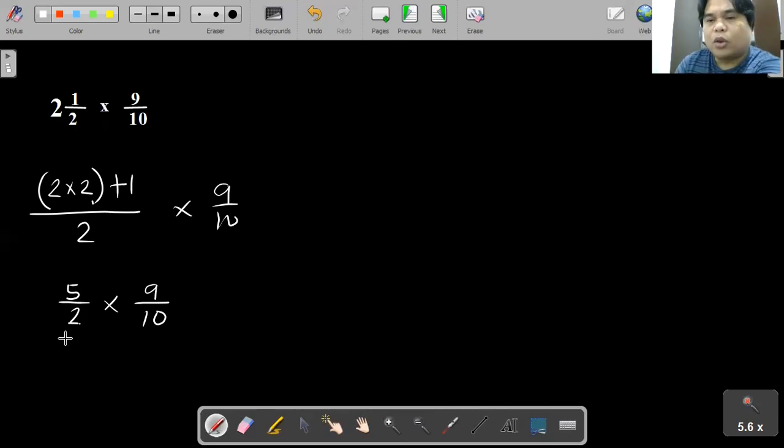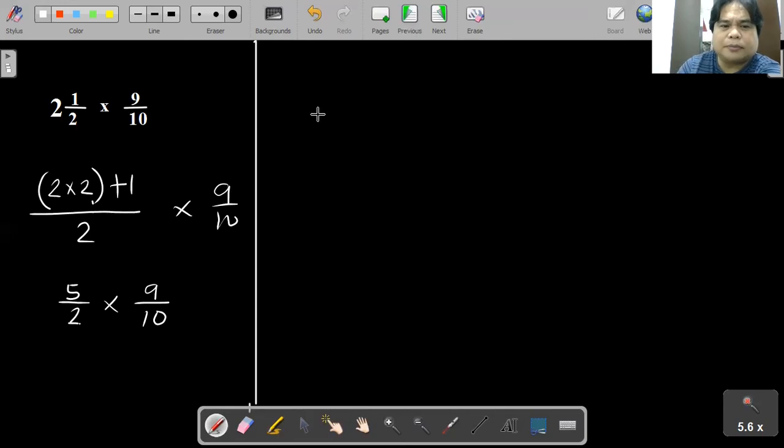We could directly multiply 5 times 9 and 2 times 10 to get 45 over 20, but that is not yet in lowest term.